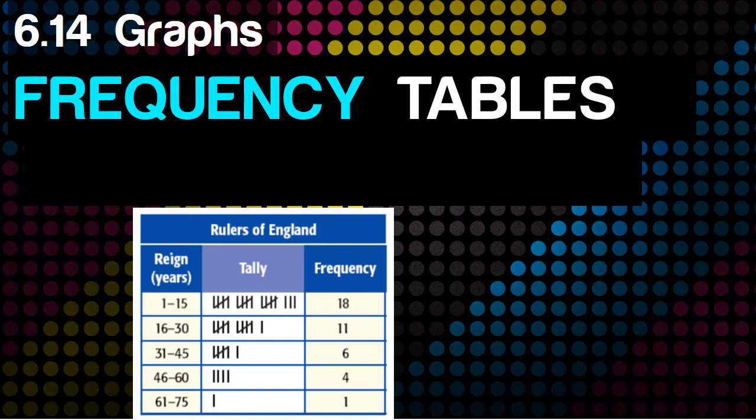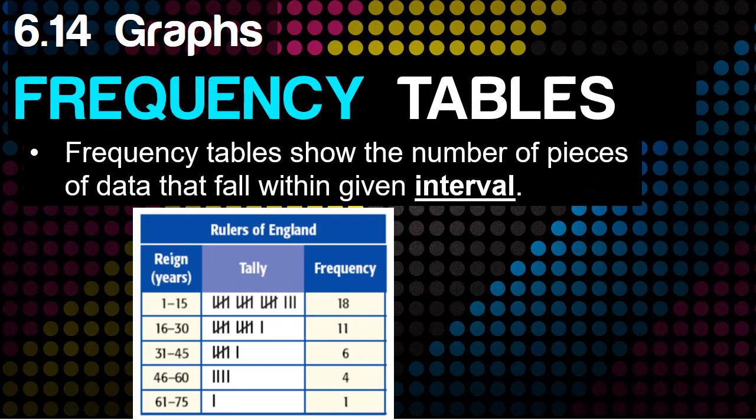Here we have a frequency table. With our frequency table, this shows the number of pieces of data that fall within a given interval. And so here we're given the rulers of England, something you might study in history class. And here's our interval right here. This is the amount of years that they were on the throne. So the intervals are 1 to 15 years, 16 to 30 years, and so on.